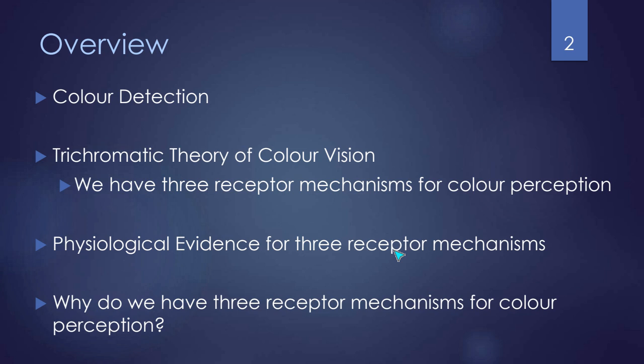So we're going to look at some of the physiological evidence for there being three receptor mechanisms, so three types of cones to help us perceive color. And we're also going to look at why we have to have three different types of receptors in order to have normal color perception.